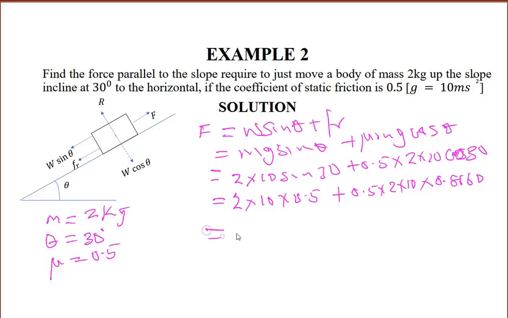So that will give us 2 times 10 times 0.5, that will give me 10, plus 0.5 times 2 times 10 times 0.8660, that will give me 8.66. So if we add the two together, we get 18.66. So the force that tends to move the body up the plane is 18.66. Let's look further for conditions for calculation.